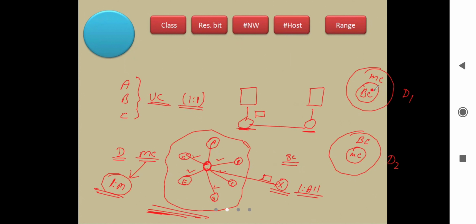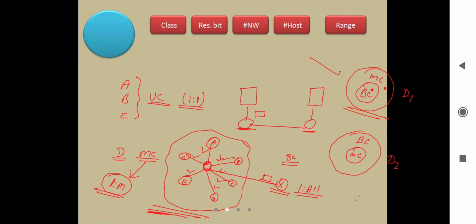It is the right one. What about this one? If it is multicasting, it need not be broadcasting. Yes, definitely. Multicasting may mean transmitting to only A, B, and C, three persons. So it is doing multicasting, but it is not broadcasting. So this diagram is valid. D1 is the valid diagram.